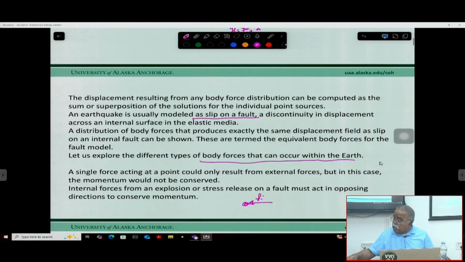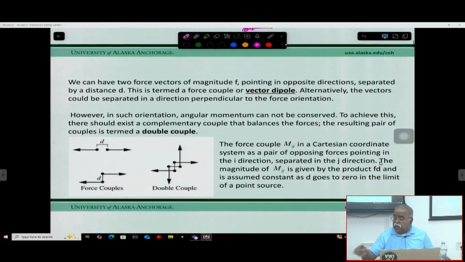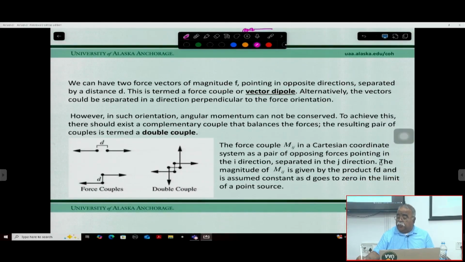So that's the part. So let's see, if we assume that there is a force like this, which is a point dipole. So that means one is acting on this side, and whatever momentum it produces, the other will produce opposite momentum.